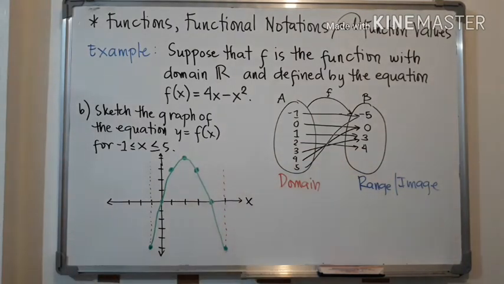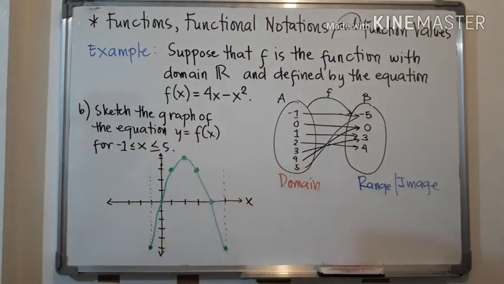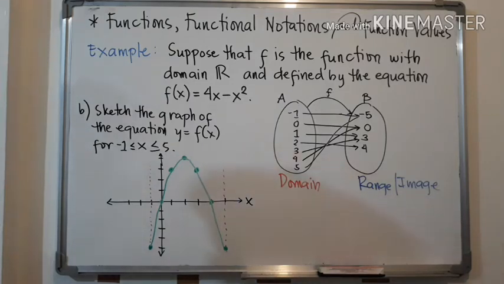So it's a parabola opening downwards. One way to test if a relation is a function: f of x is a relation, but take note, not all relations are functions, but all functions are relations. One way to test is using the vertical line test.